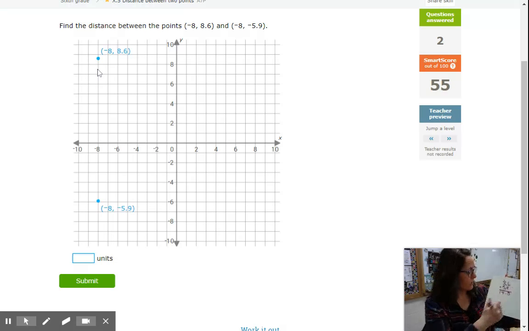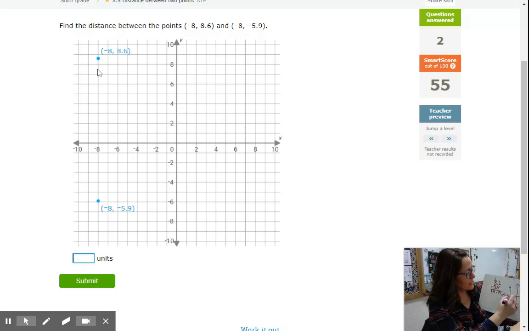Okay, so let me just kind of draw it out on here. I had a point here, and I had a point here, and I wanted to know how far it was from this point to that point. Okay, so what I did, knowing this is 0, I just said, okay, how far was it from here to 0, which was my 5.9.